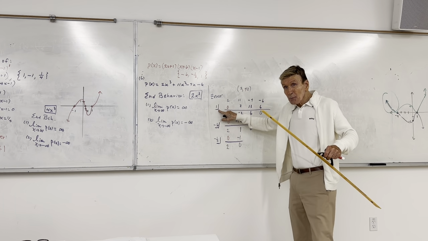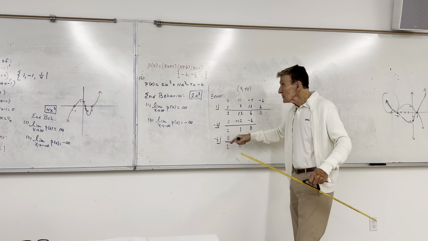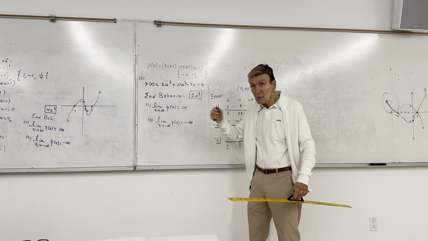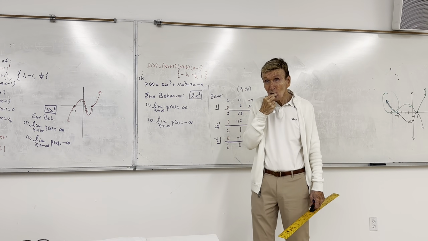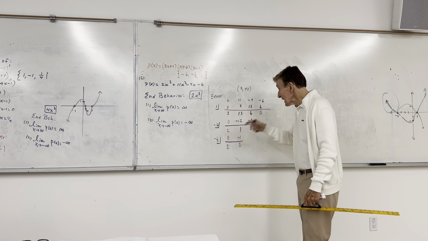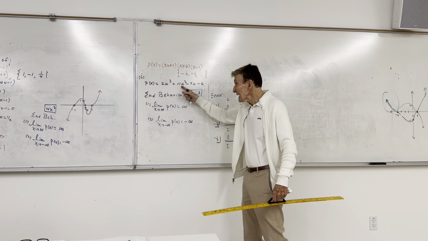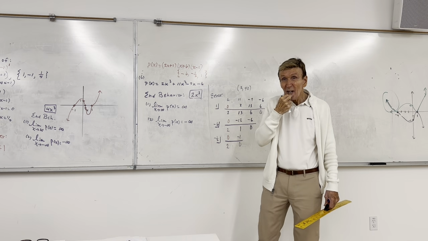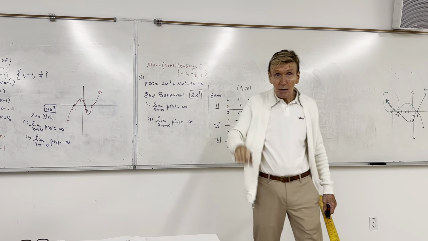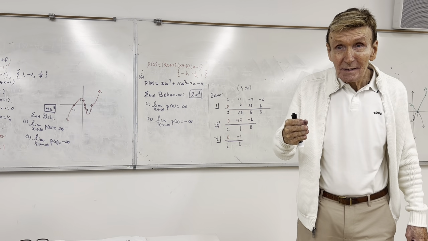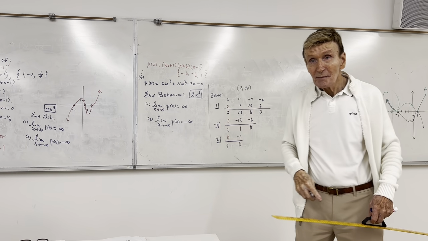Right now, without this thing called synthetic, you'd have to directly plug in 1 all the way across here in the original and hope to get 0. To test -6, look at what a mess this would be. You have to directly replace x by -6, plug it into the original and hope you get 0. I don't want to cube -6. So that's why we're using synthetic.